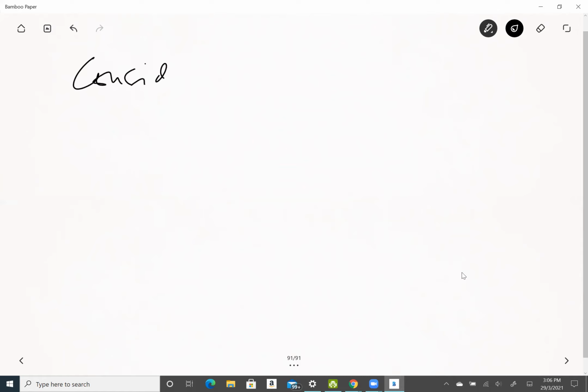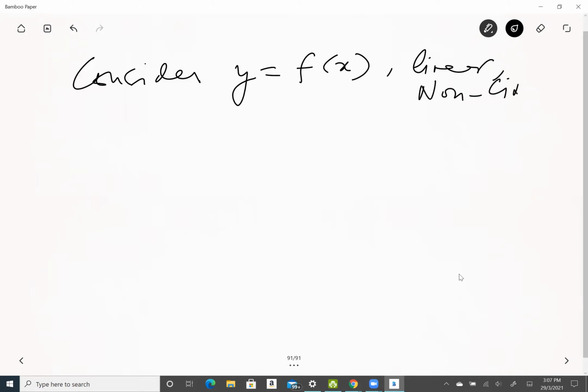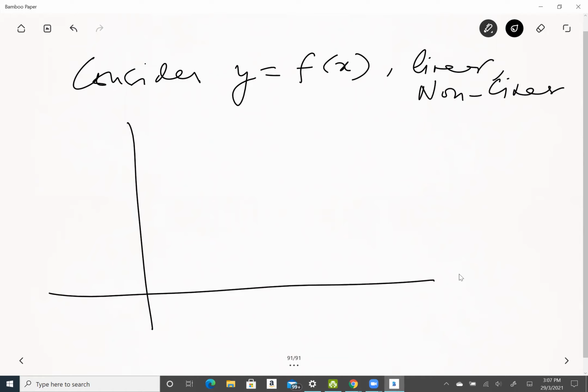Now, when you do the derivative, we are looking at a more general type of function. So it includes linear, but more often, most of the functions are non-linear. Non-linear meaning the curve is not a straight line. So non-linear means your function would be something like this.